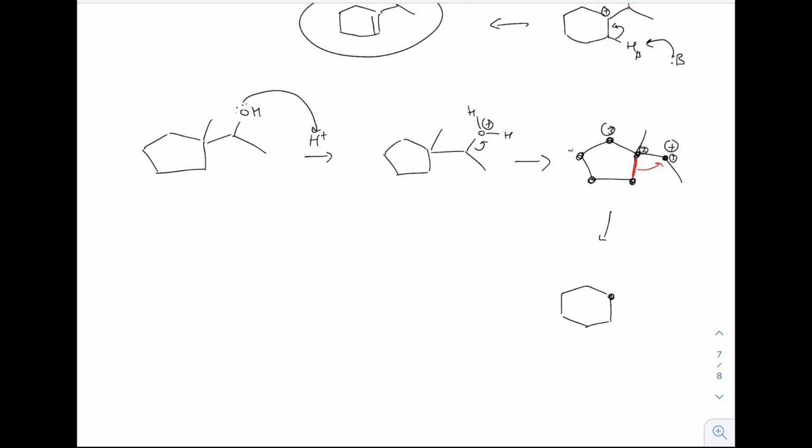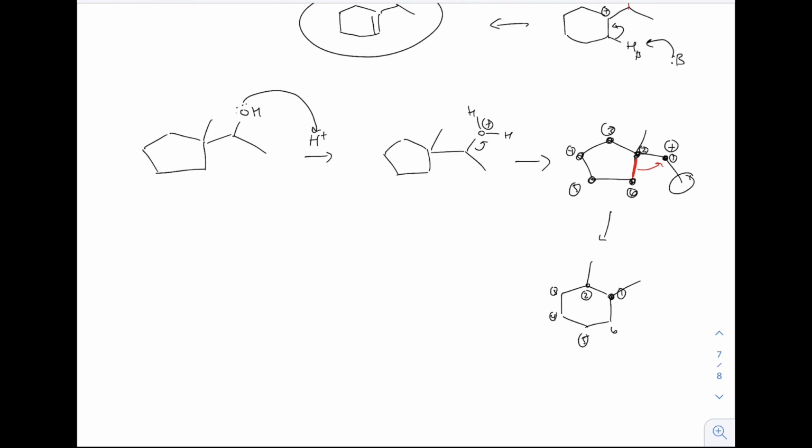So let me number all of these carbons so we can keep track of our bonds: 1, 2, 3, 4, 5, 6. Let's call this 1, and on the 1 position it has a methyl. Then we call this 2, and on the 2 position it has a methyl as well. Then we go 3, 4, 5, 6.